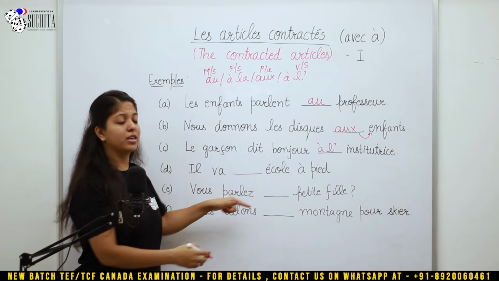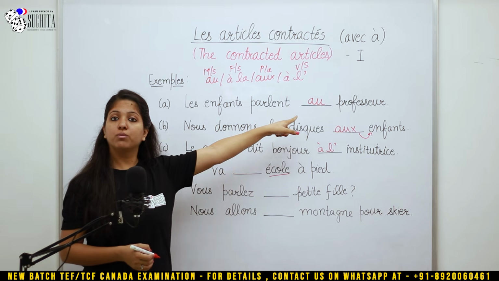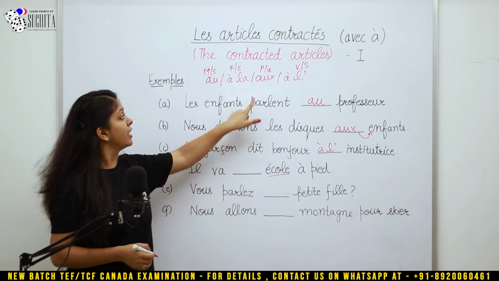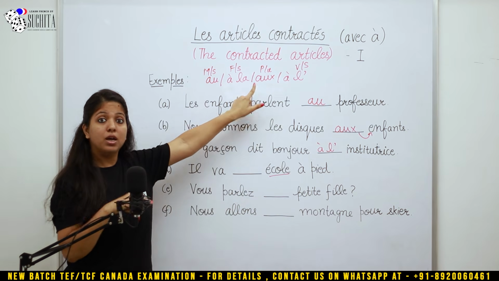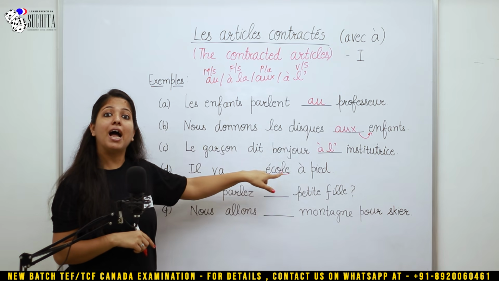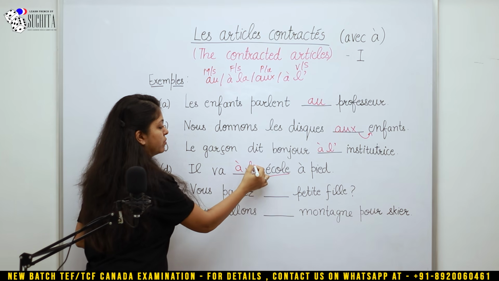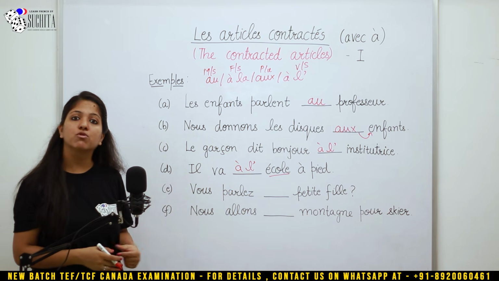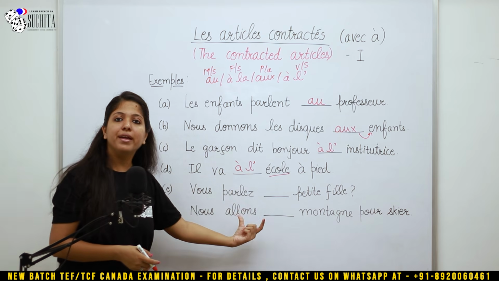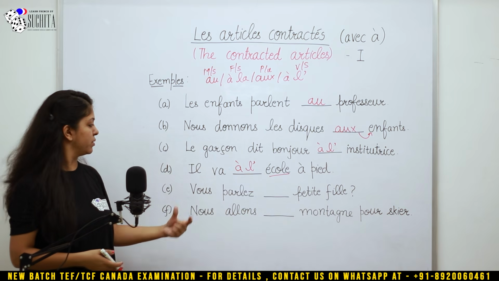You will look at the word école for selecting amongst these four. Now the word école is of course not plural, but it begins with a vowel and it is singular. So again you are going to use à l'. Il va à l'école à pied. He goes to the school on foot.